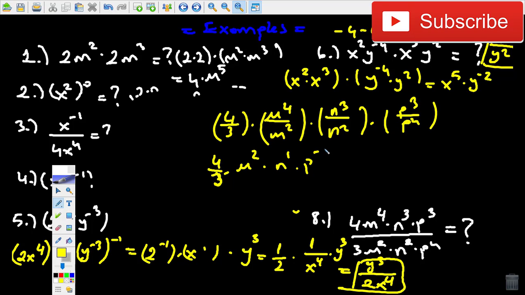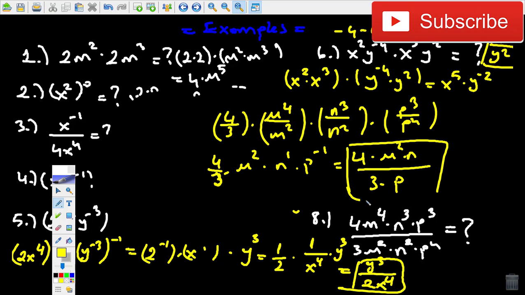So I'm going to move this negative exponent to the denominator as a positive exponent. So 4 times m squared times n, basically I'm multiplying things across the top, divided by 3 times p. So that is going to be my final answer.